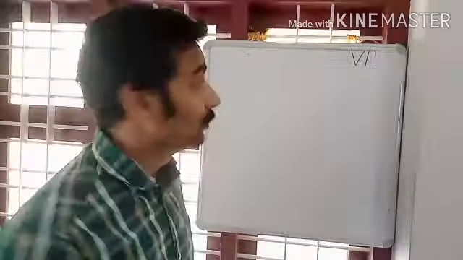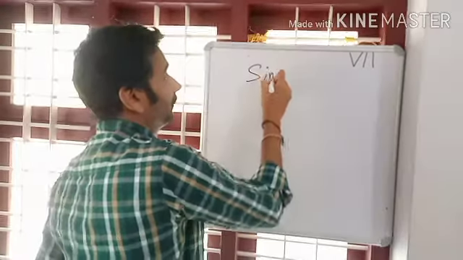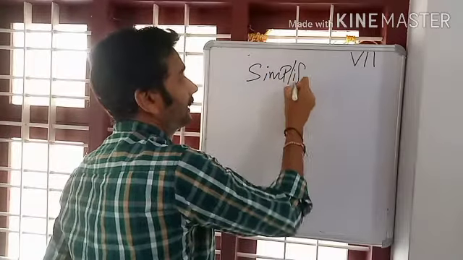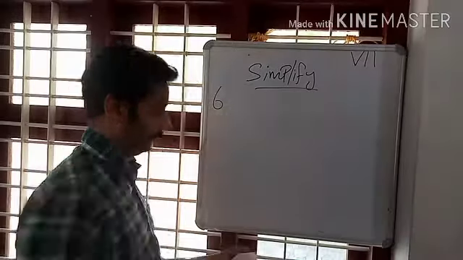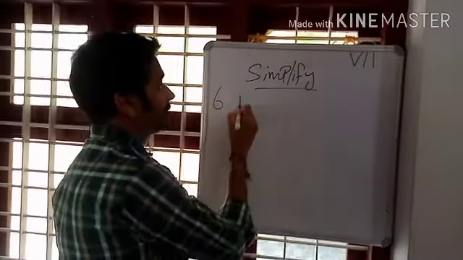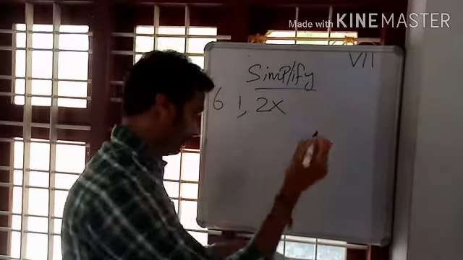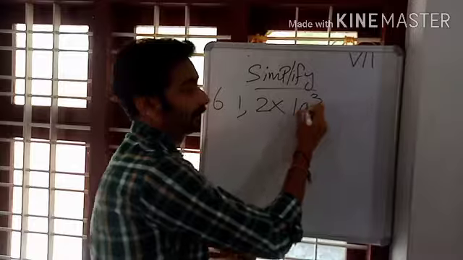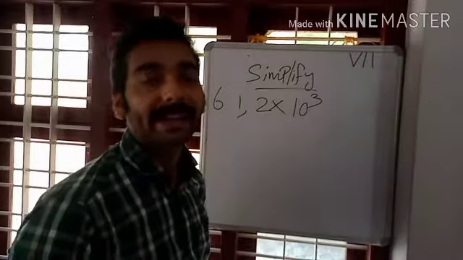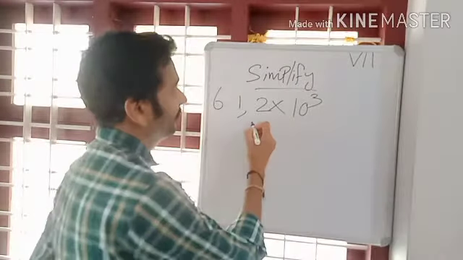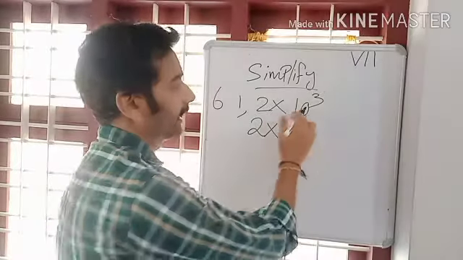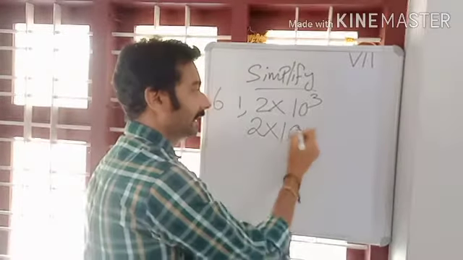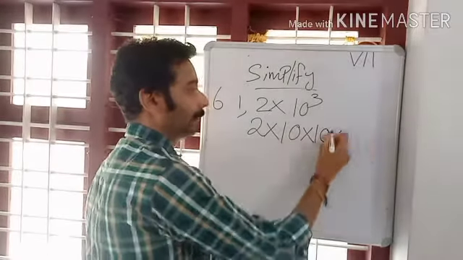Then fifth question, simplify. Sub question 1, 2 into 10 raised to 3. That means 2 into 10 raised to 3, and 10 raised to 3 means 10 into 10 into 10.